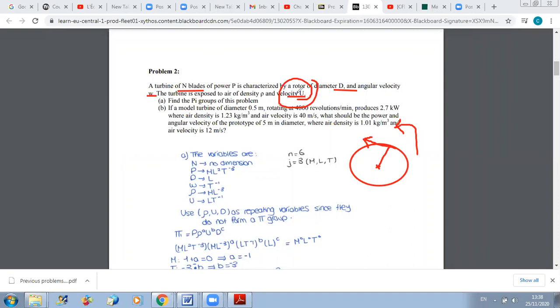In the previous problem we did, the relation between W and U was very straightforward. Here it's not the case. So I should include both parameters, W and U. So these are the variables involved.